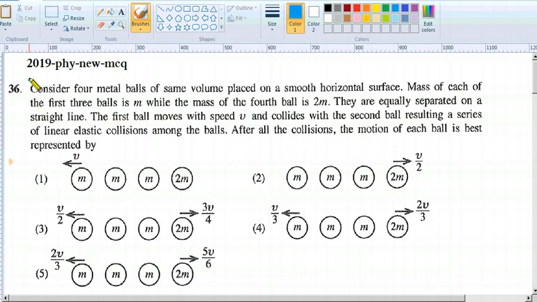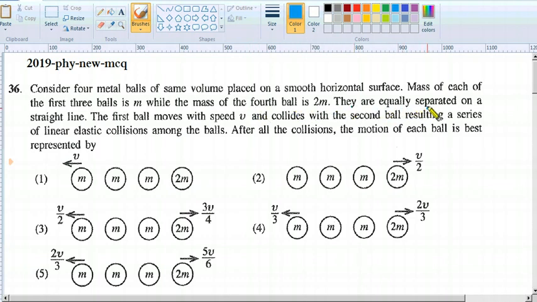Today I am going to discuss MCQ question number 36 of the 2019 Physics new syllabus paper. Consider 4 metal balls of the same volume placed on a smooth horizontal surface. The mass of each of the first 3 balls is m, while the mass of the fourth ball is 2m.